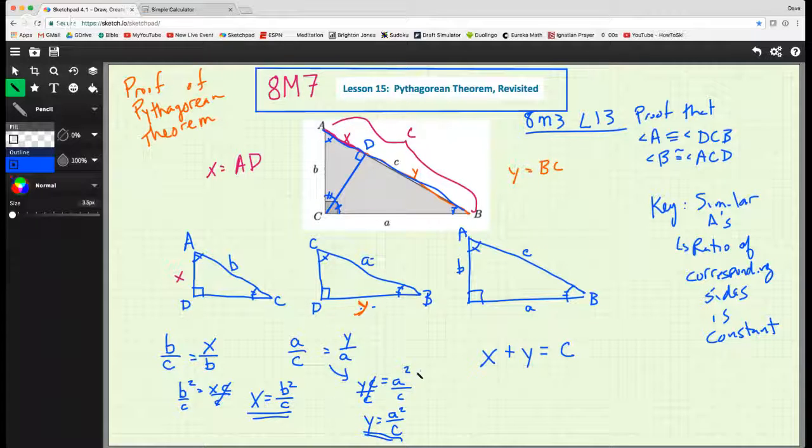So now let's do substitution. Well, I know that X is equal to B squared over C. So I'm going to substitute that right here. I'm going to say B squared over C, and I know that Y is equal to A squared over C, plus A squared over C equals C. And I'm almost there. That's by substitution.